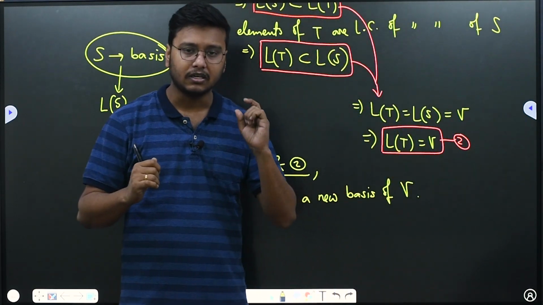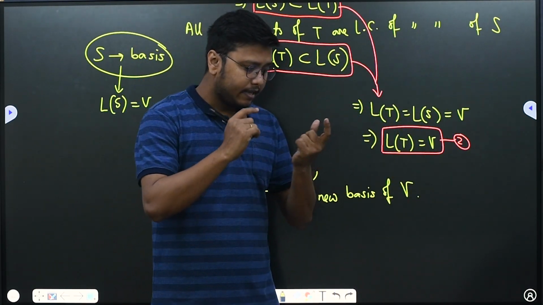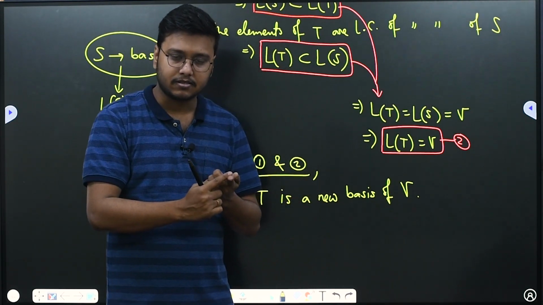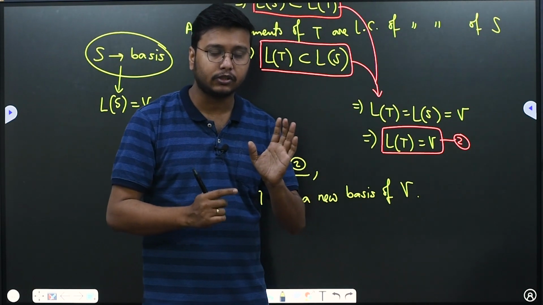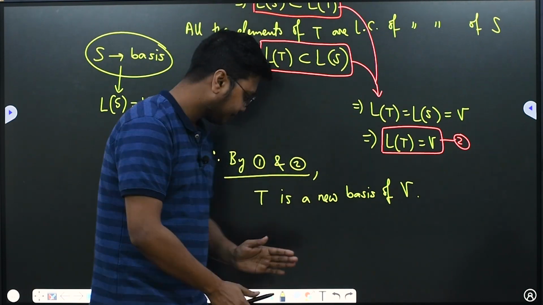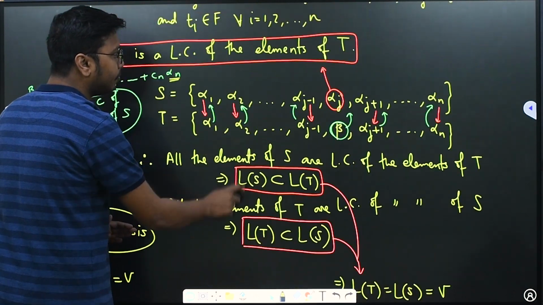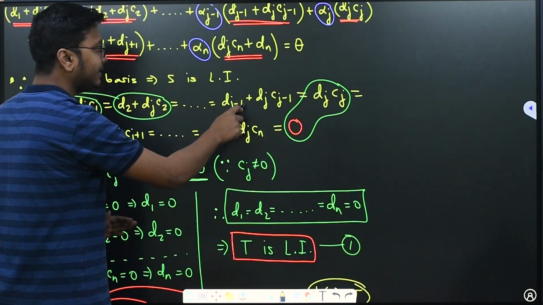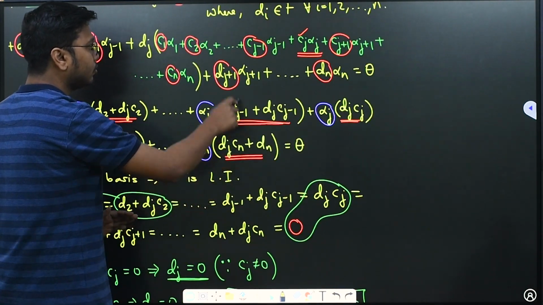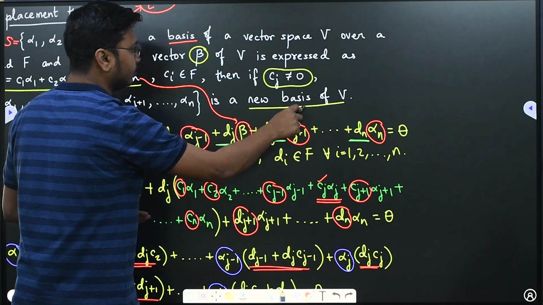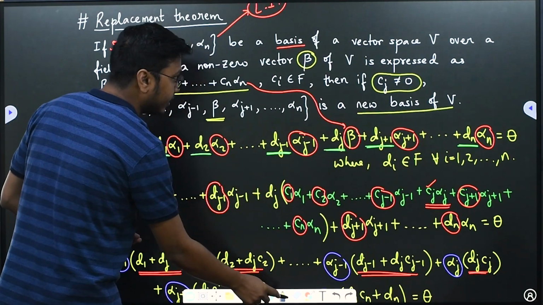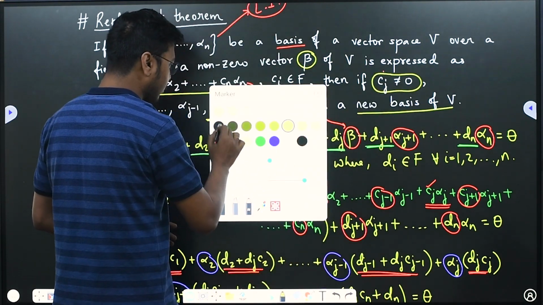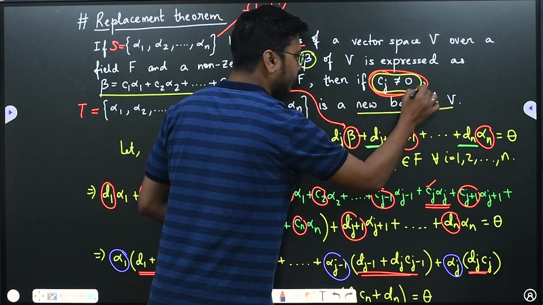Now if in a given problem we have to replace a vector and form a new basis, what is the procedure? Just remember, the important part was that we are going to replace only that vector whose corresponding coefficient is non-zero, Cj not equal to 0.